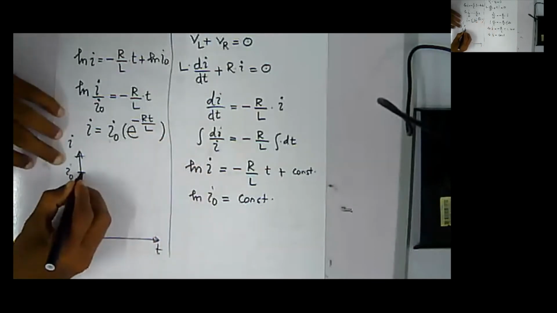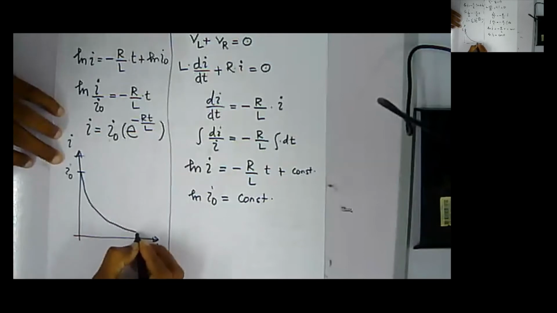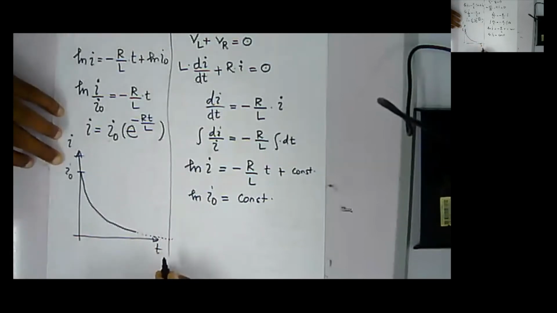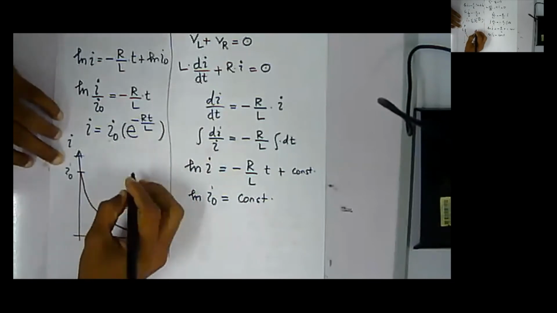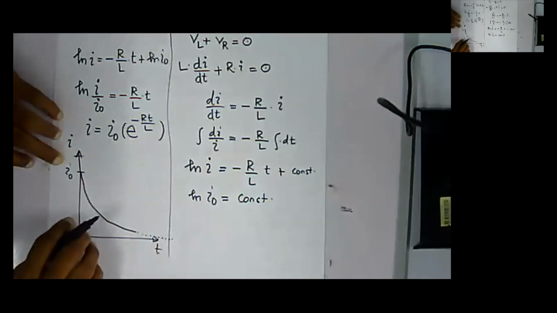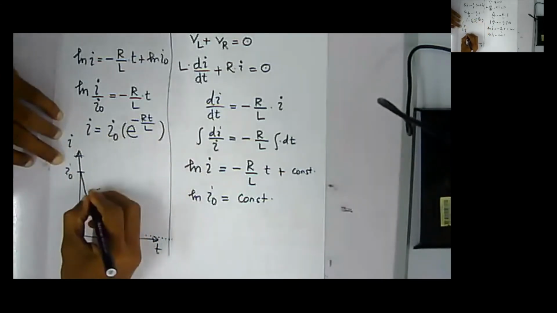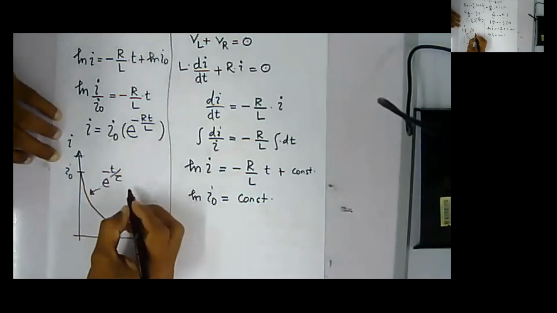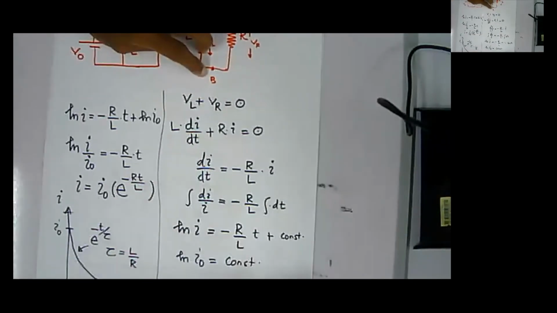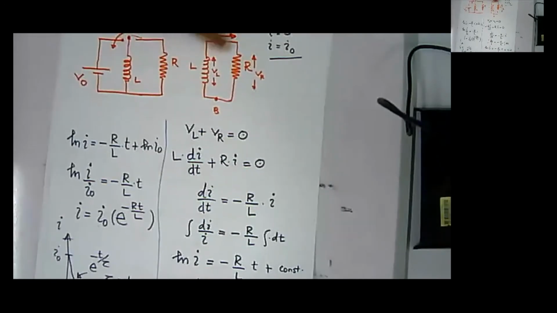Again, it is e to the power of something into minus t, so that will reduce exponentially, right? So here also we can use a time constant tau, which is now L over R. We can write this as e to the power minus t over tau, where tau equals L over R, the ratio between the inductance and resistance which you have used in your circuit.